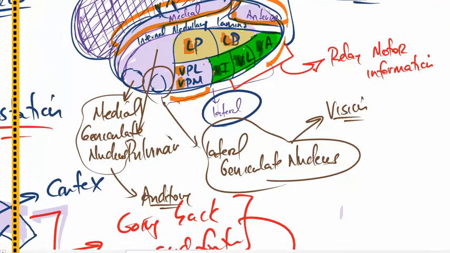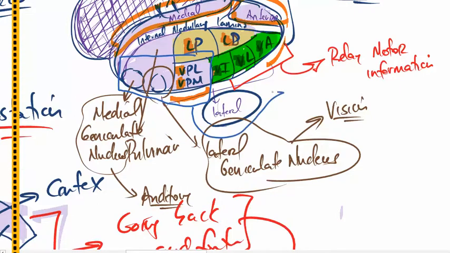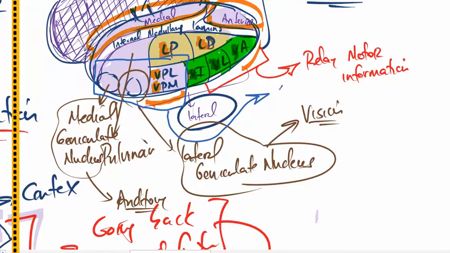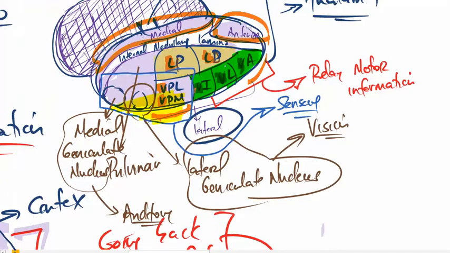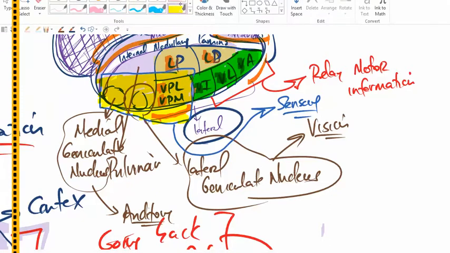Whereas these guys right here, the VPL and the VPM, your lateral geniculate nucleus, your medial geniculate nucleus, these guys are going to be relaying sensory information.